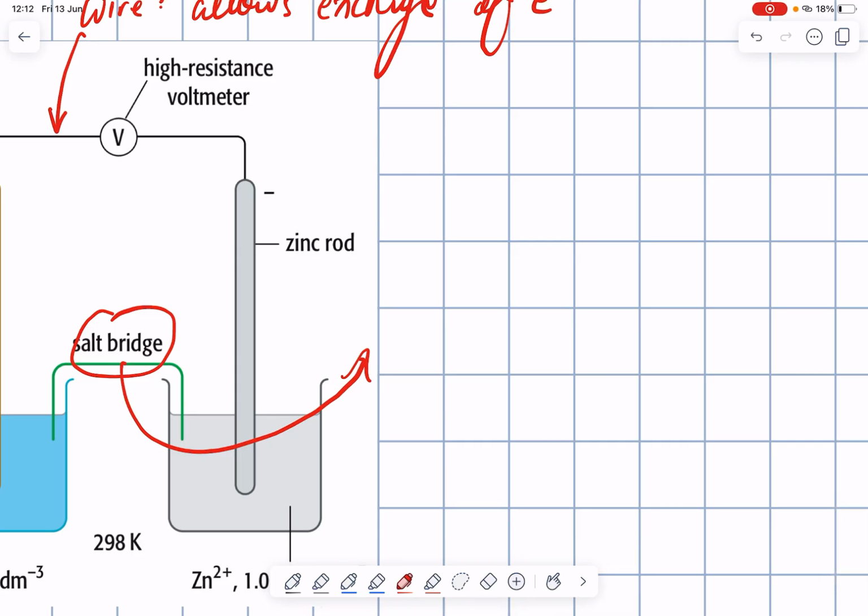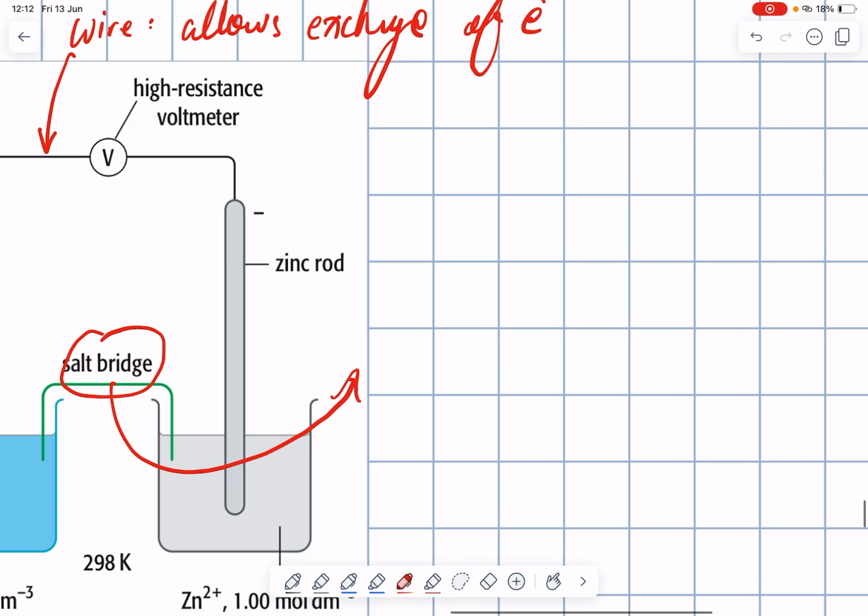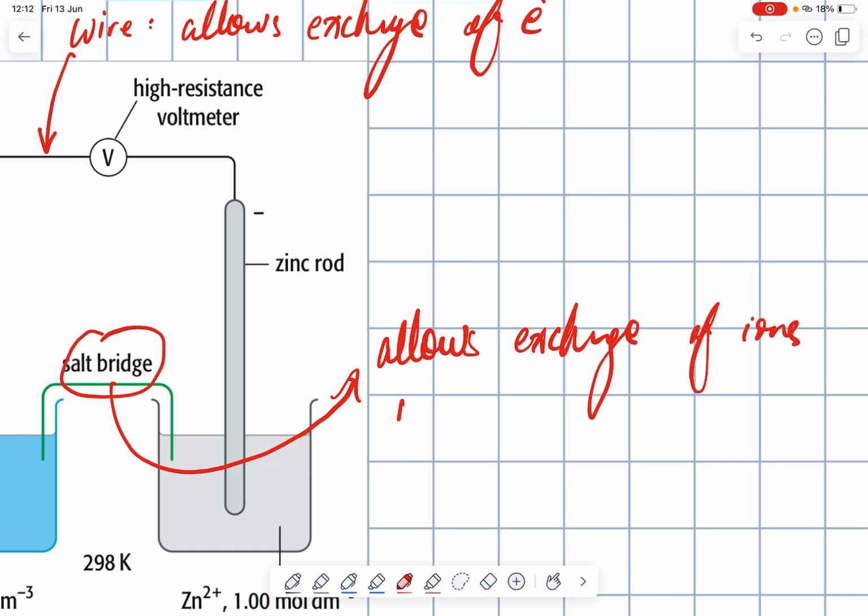This is just a porous intermediate that allows exchange of ions, but not electrons. This is essential here.